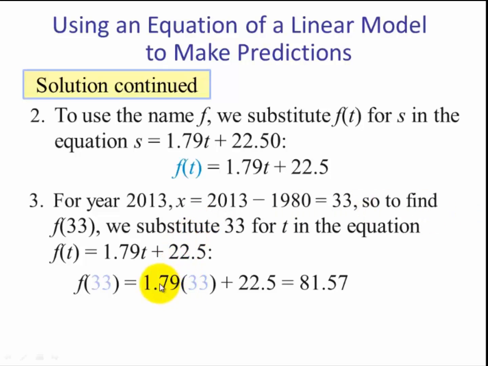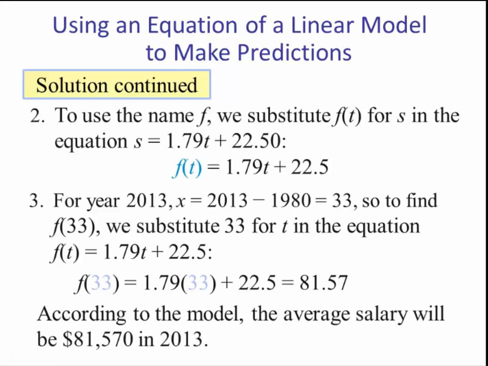We have to multiply before we add, and we get 81.57. So what does this mean in terms of the problem? According to the model, the average salary will be $81,570 in 2013.